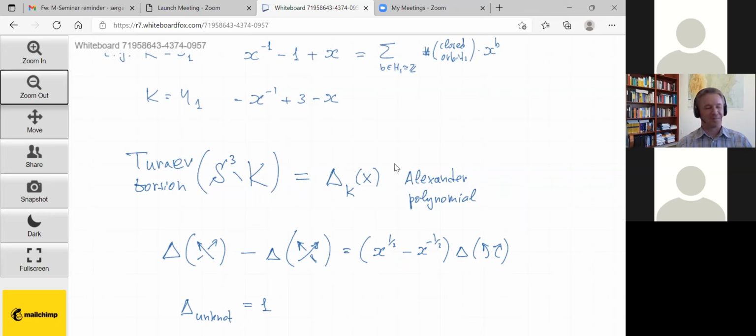I think that Alexander polynomial can be refined in a few ways. Okay, not so many.